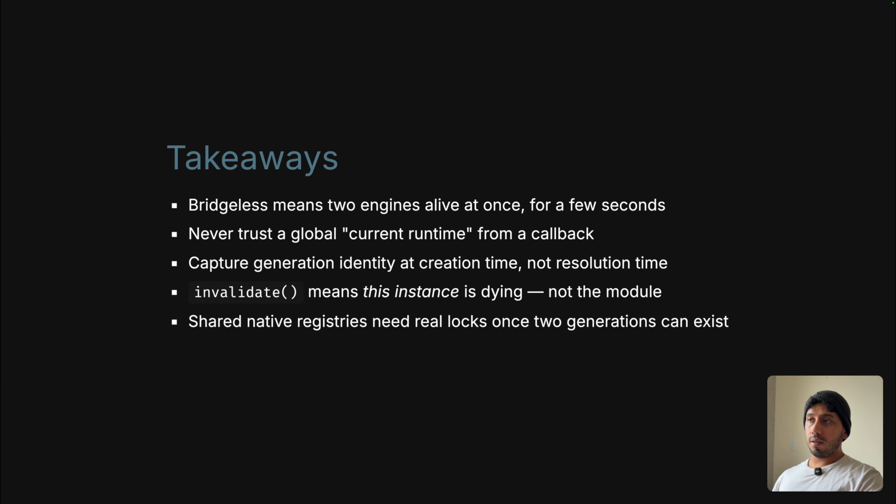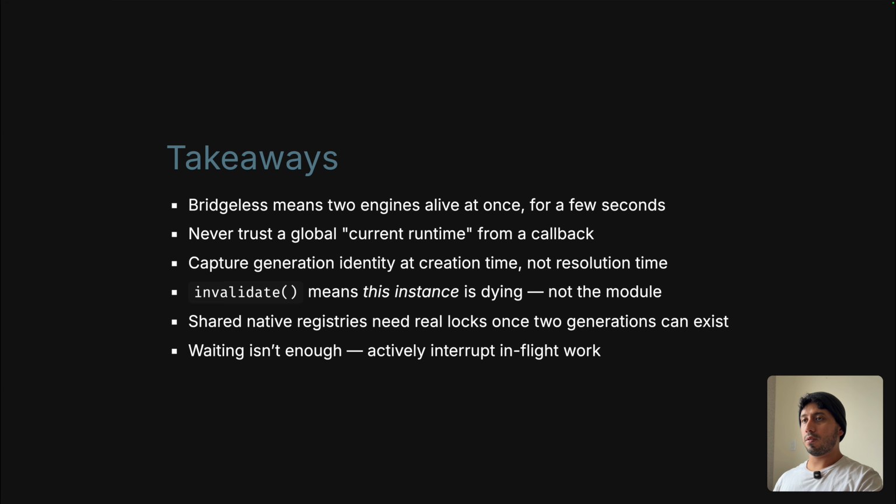In shared state, you will now need to worry about real locks, mutexes, whenever two generations can coexist. And you need to take care of cleaning up the resources properly whenever you get the invalidate call.